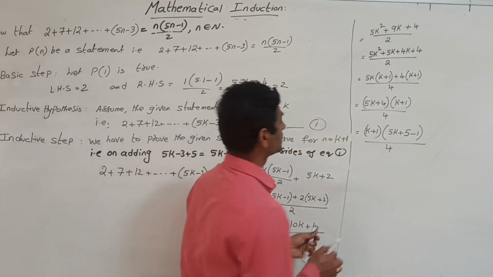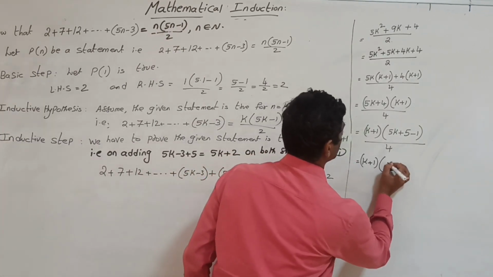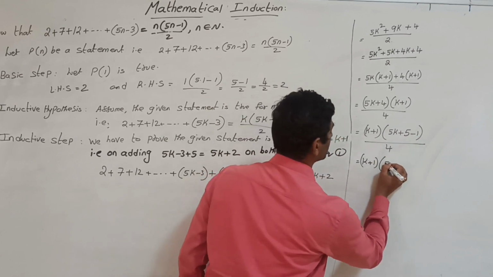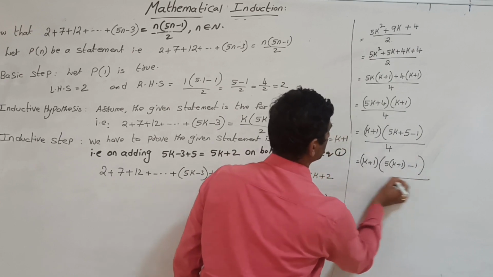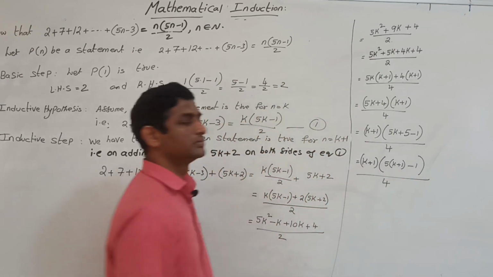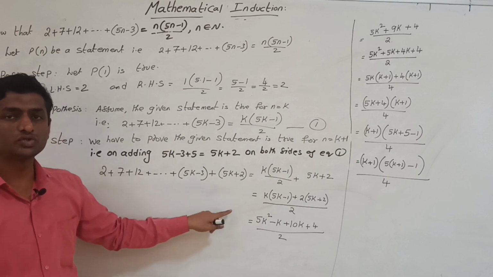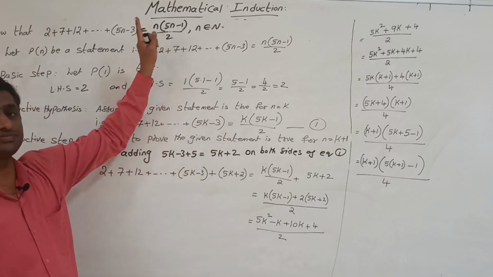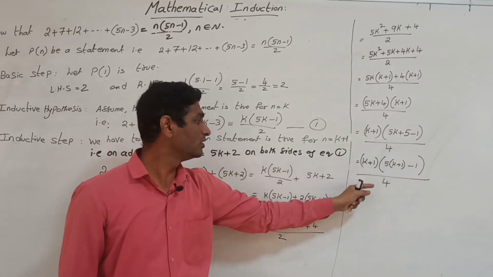So this can be written as k plus 1 into 5k plus 5 minus 1, by 2. So it is the sum of k plus 1 terms, and our result is k plus 1 into 5 times k plus 1 minus 1 by 2.